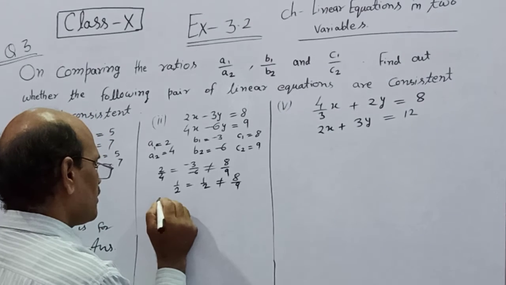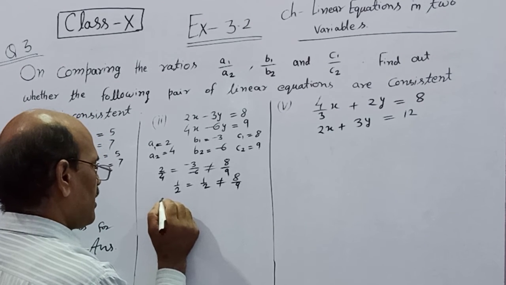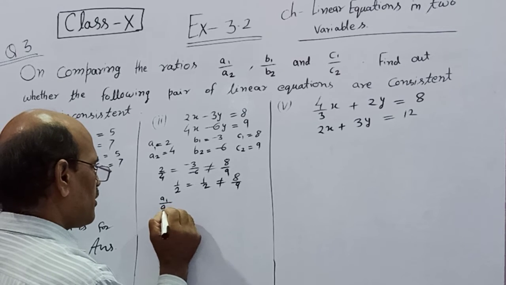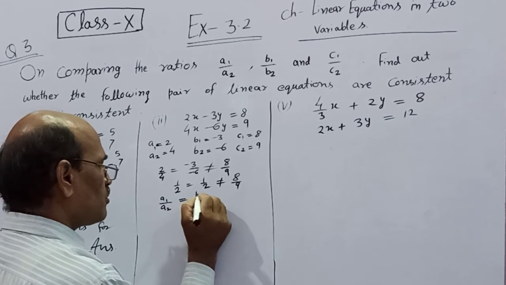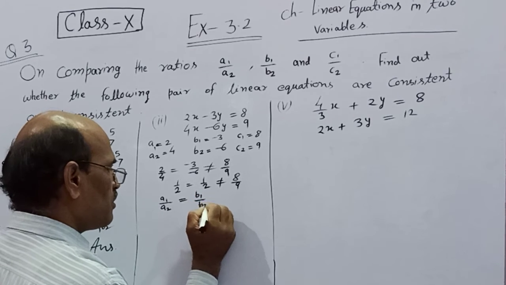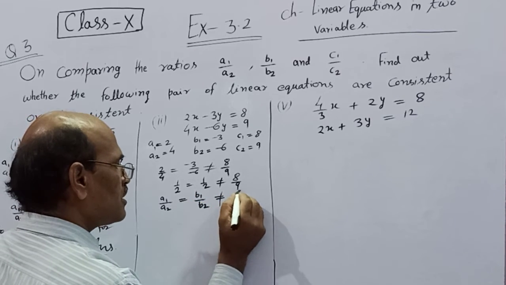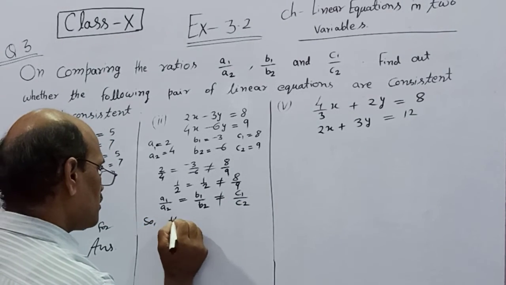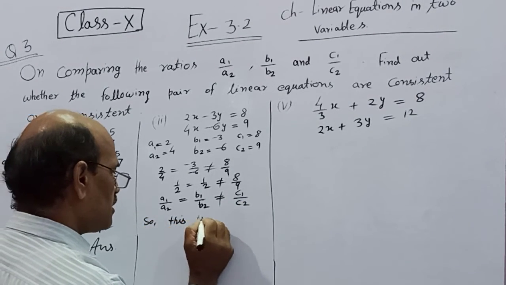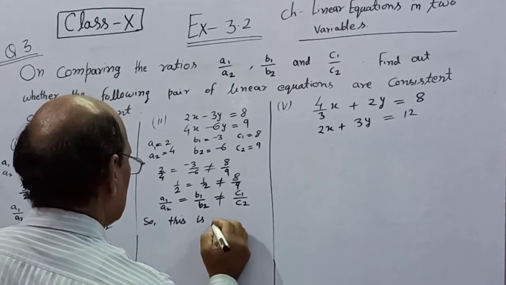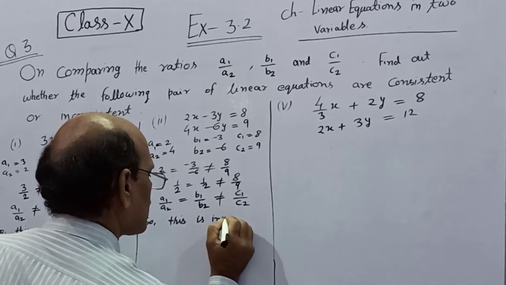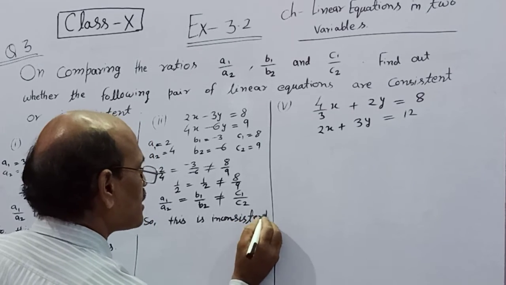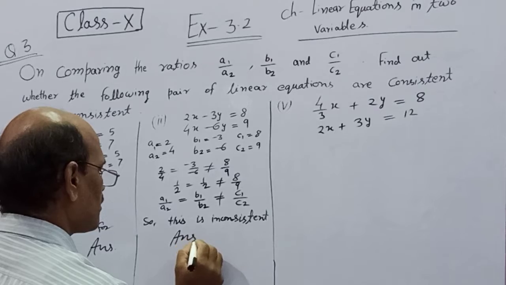So we can write the formula: a1 upon a2 is equal to b1 upon b2, but not equal to c1 upon c2. So this is inconsistent. Understand? This is the answer.